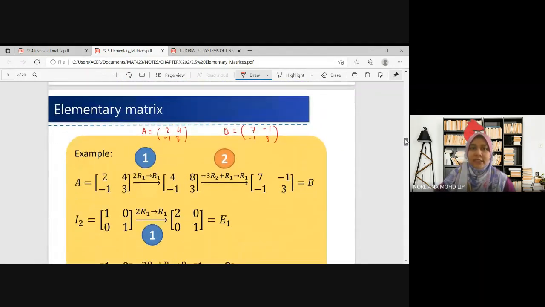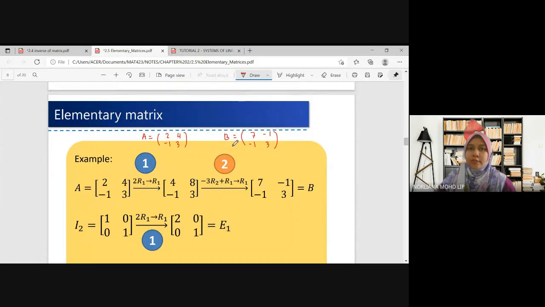Prove that A is row equivalent to matrix B. We want to prove that A is row equivalent to matrix B.